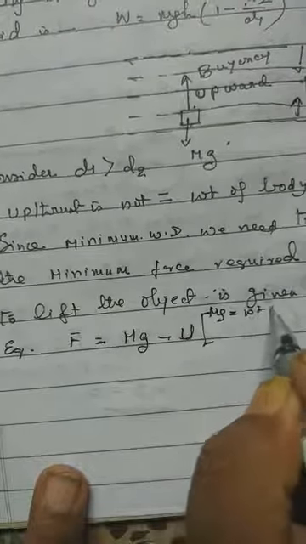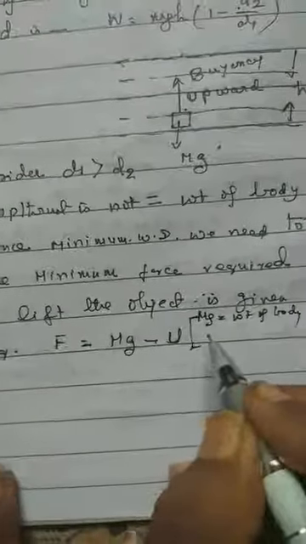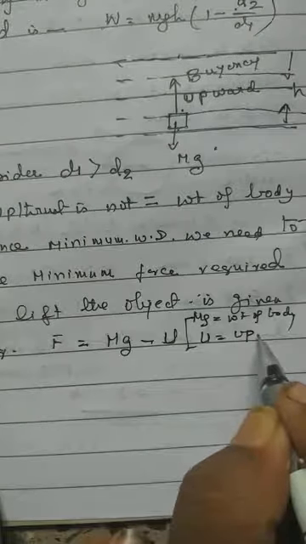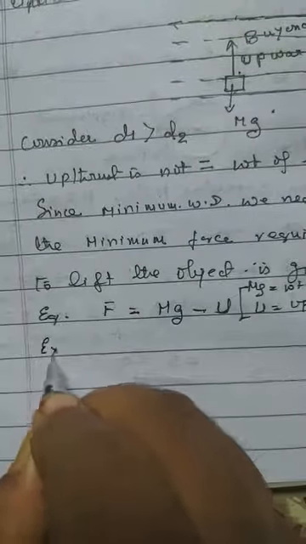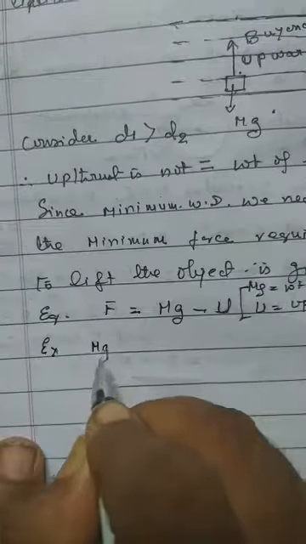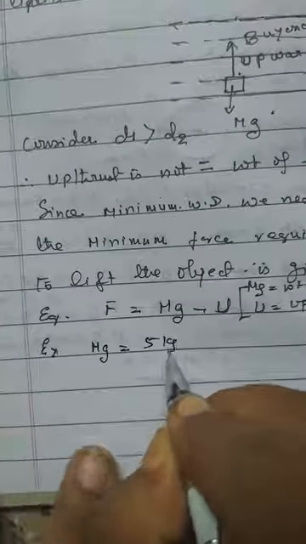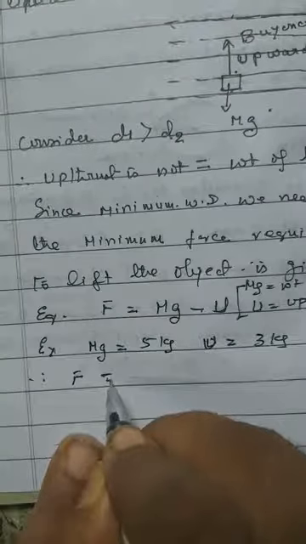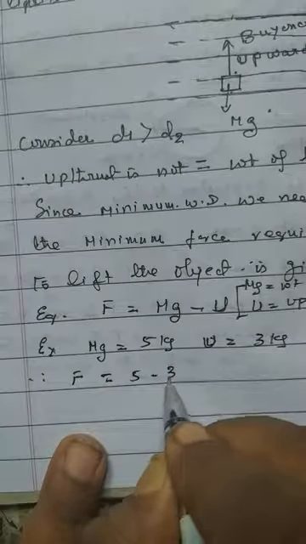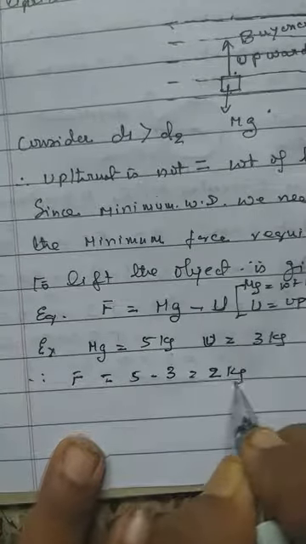Both are acting in opposite directions. As an example, if mg is equal to 5 kg and upthrust is equal to 3 kg, therefore the force required is 5 kg minus 3 kg, which is equal to 2 kg.